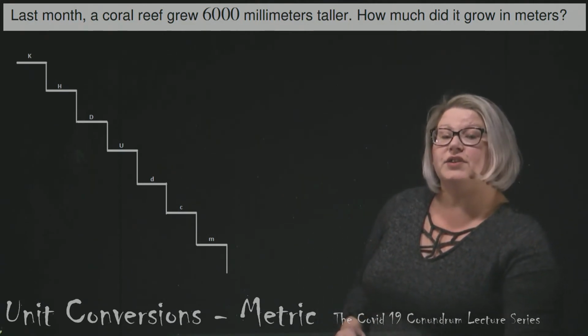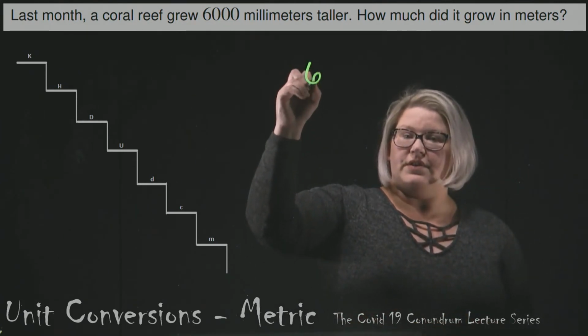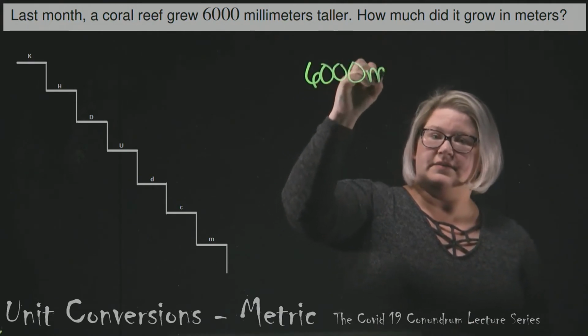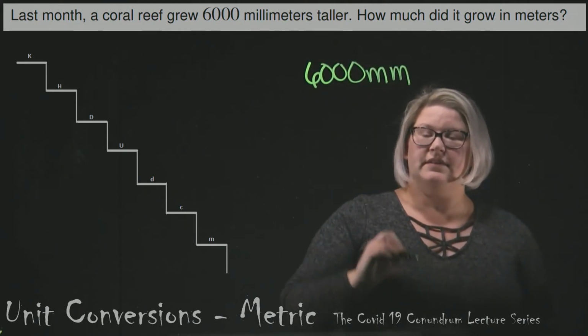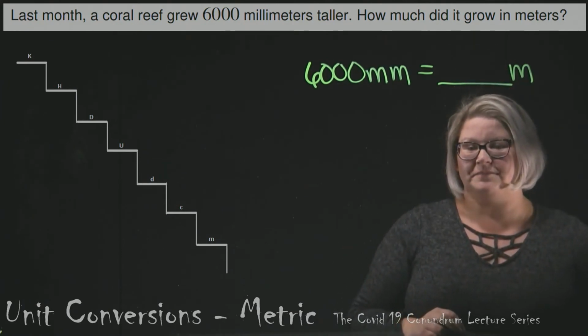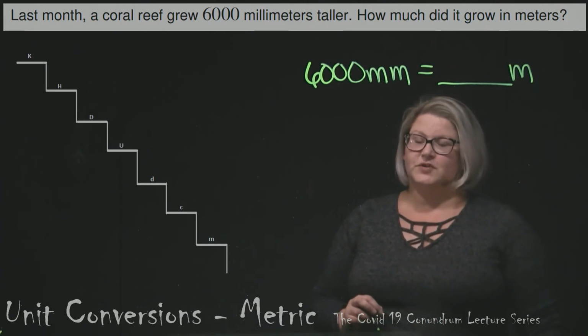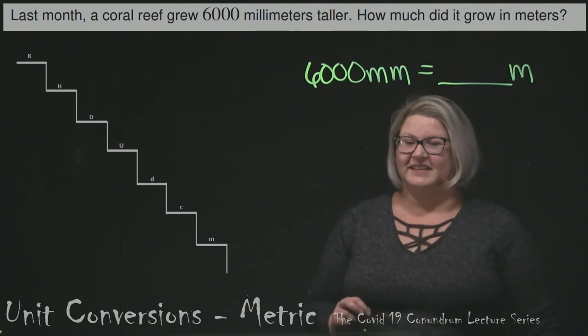Next, you're going to fill in the spots. You've got 6,000 millimeters. They want to know how much of that is meters. Where are you starting and where are you ending? Show me where you're starting. Good.